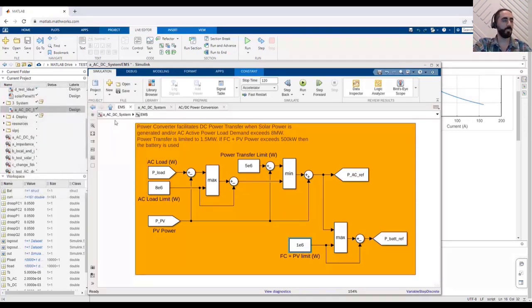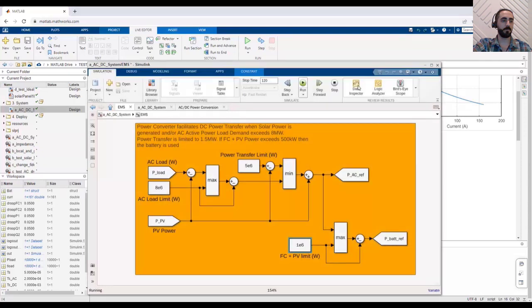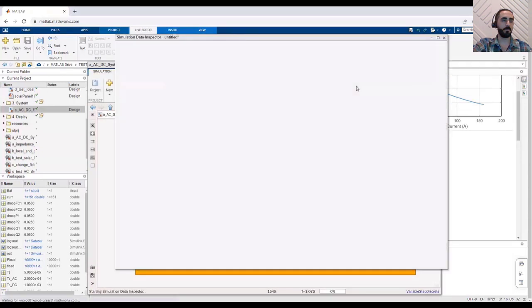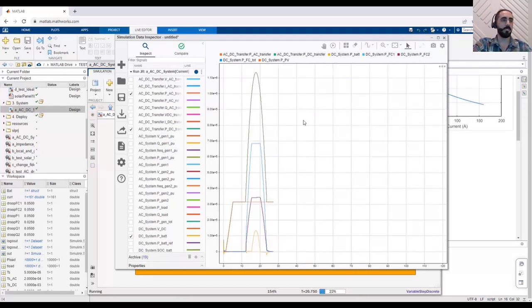So let's rerun the system again and take a look at the data inspector as soon as it comes back. Let's maximize this window. We're seeing the components of the DC system.